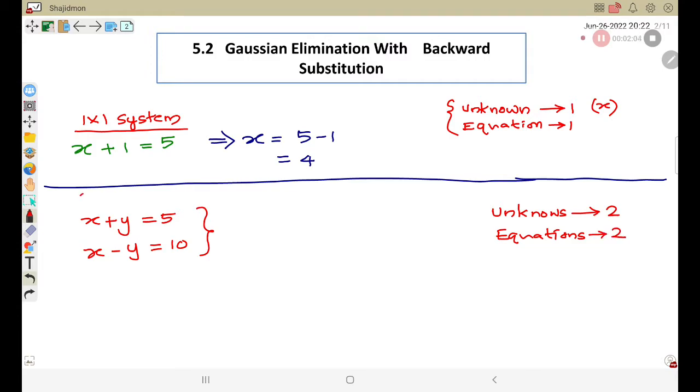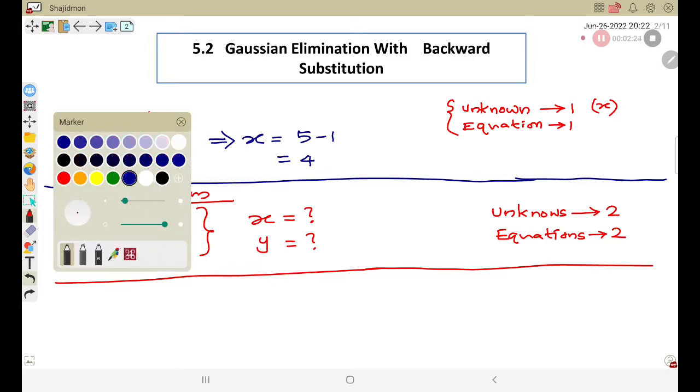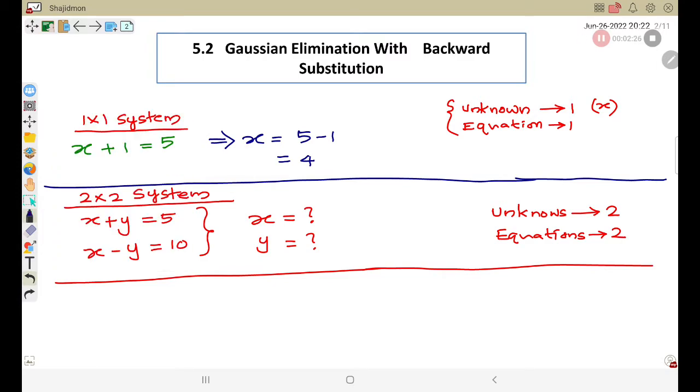So we are calling this a 2 by 2 system of equations: two equations and two unknowns. From this we need to find the x value and the y value. Finding the solution of a 2 by 2 system is also not difficult, somewhat easy.